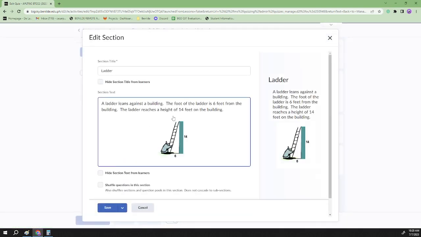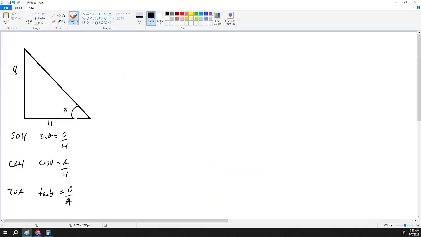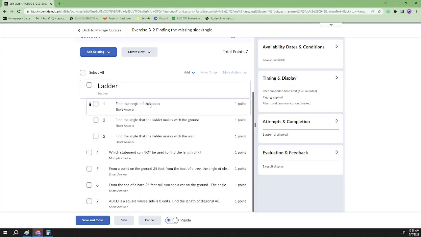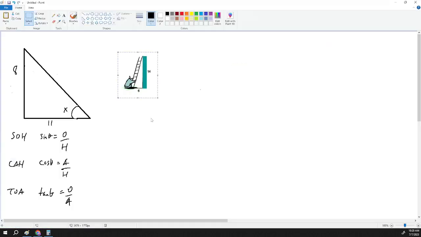So, there's a ladder that is 6 feet from the building and reaches the height of 14 feet sa building. Ang tanong, ano yung length of the ladder? Given that we have 6 and 14, we can use our Pythagorean theorem, which is 6 squared plus 14 squared is equal to c squared, or our length of the ladder.